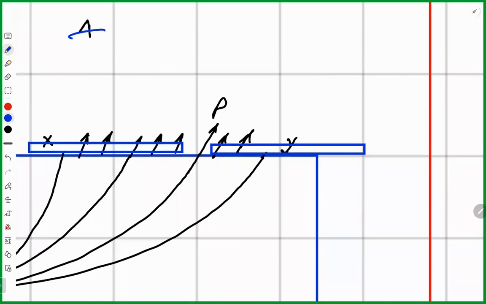No particle is coming out. All these particles are stopped here. Only these particles can come out.